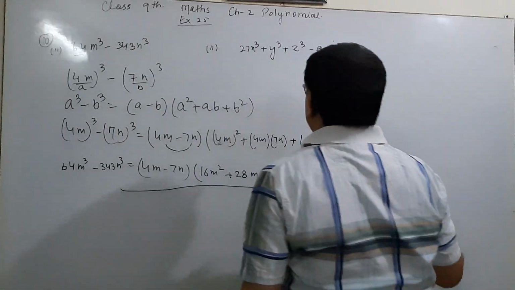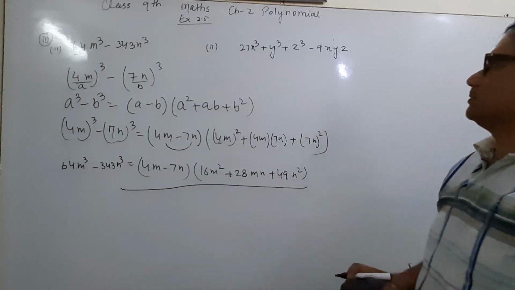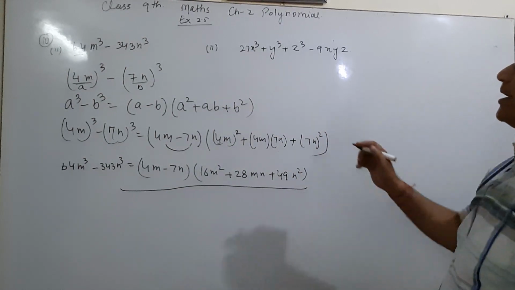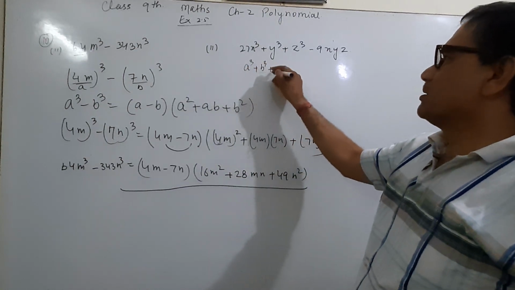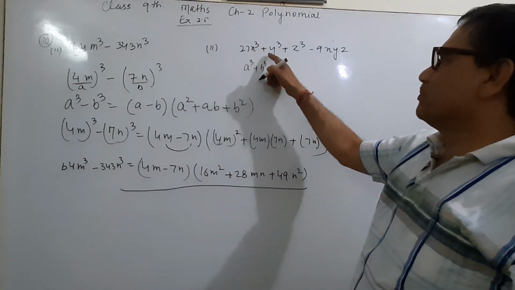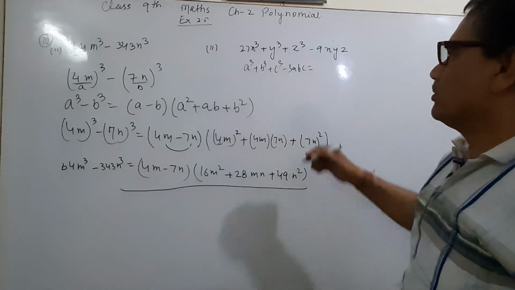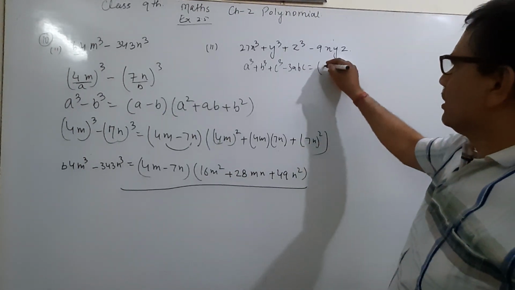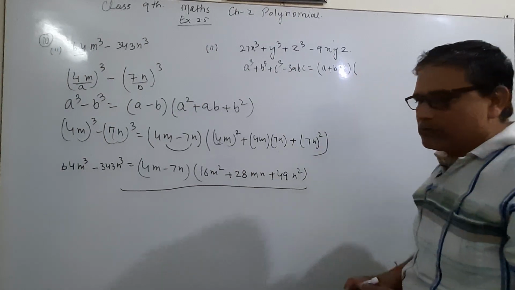And now this question: 27x cube. Can you tell me the identity? a cube plus b cube plus c cube minus 3abc is equal to, tell me the identity. It is (a plus b plus c) times, and this will be a plus b plus c.